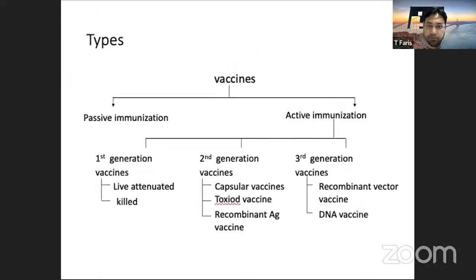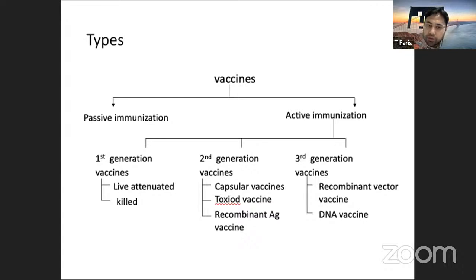Types. We have two types of vaccine: passive and active immunization. Considering the active one, like COVID-19, we have the weakened type, the weakened SARS-CoV-2 virus, and we have the killed one. They're all similar to the real virus, but we make them weak so that they still preserve the antibody.